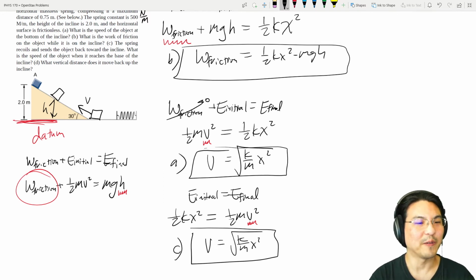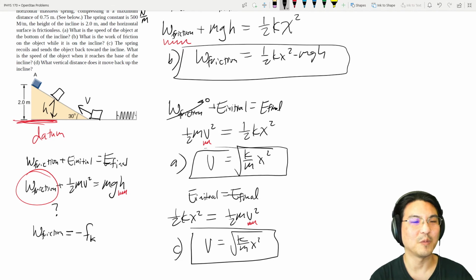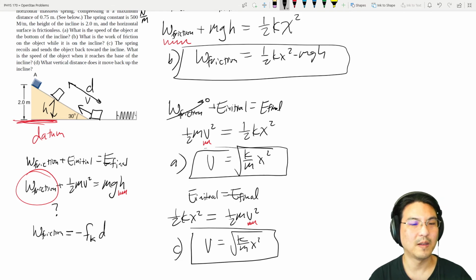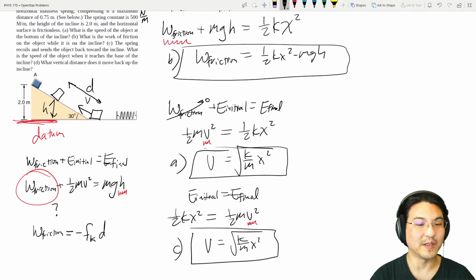What is the work by friction? Work by friction is minus that friction force, which would be kinetic friction, times whatever distance it goes up the ramp. So along the ramp, let's say some distance d. Okay, but friction is mu k times n, right?